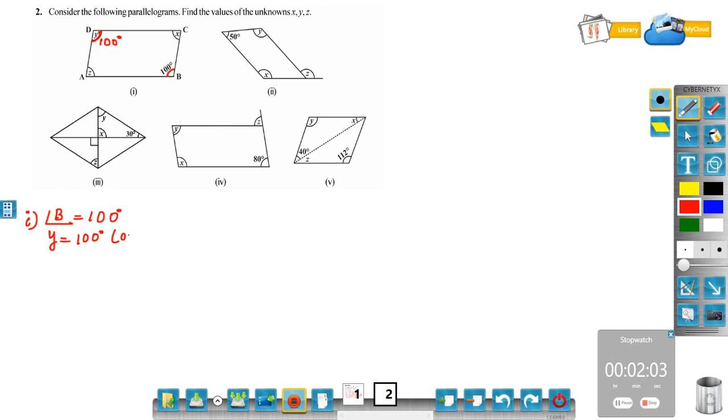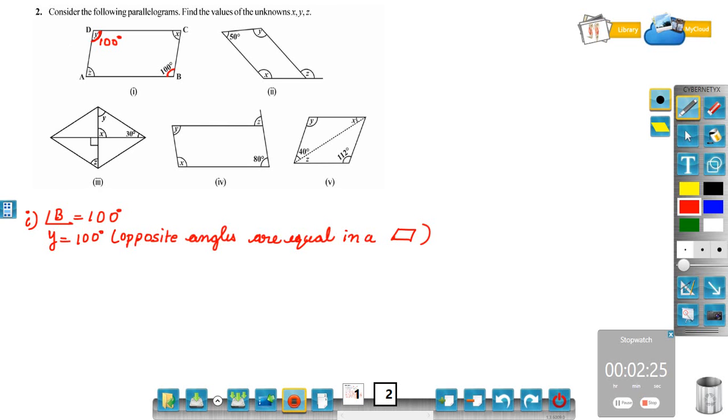The property used is opposite angles are equal in a parallelogram. Y is equal to 100.